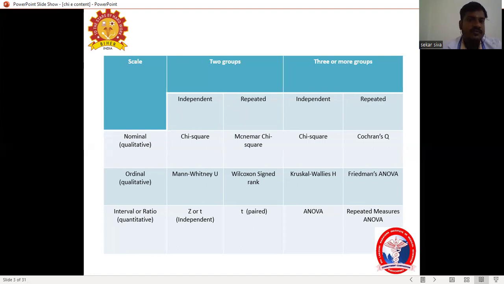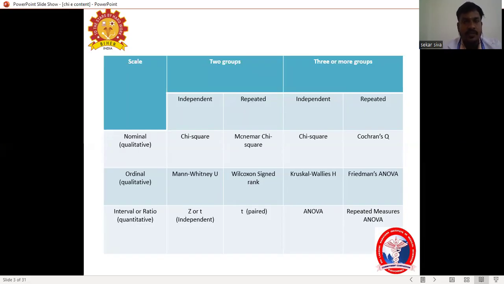If it is repeated, Friedman ANOVA will be used. For quantitative variables, if it is independent, there are two types of t-test, paired and unpaired. If it is an independent variable, we can use unpaired t-test, also called z-test or t-test, independent t-test.